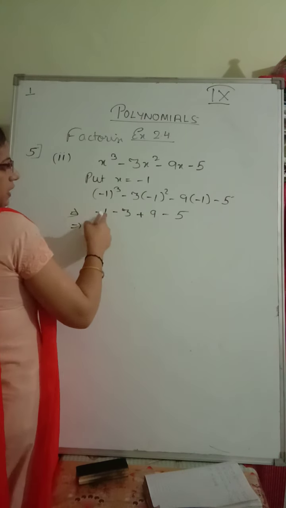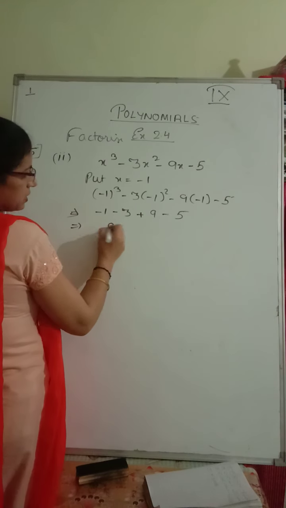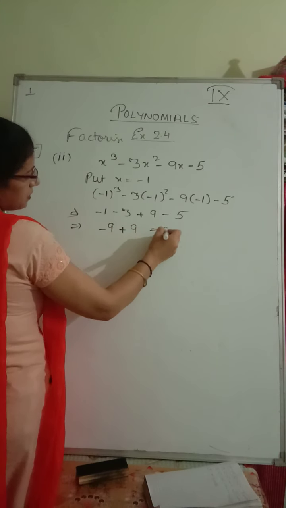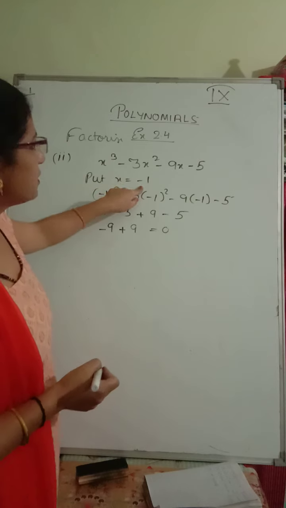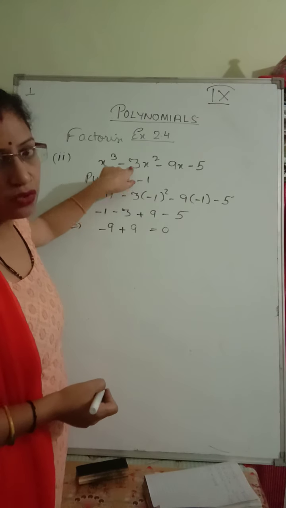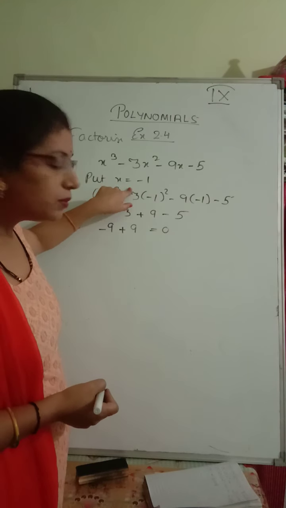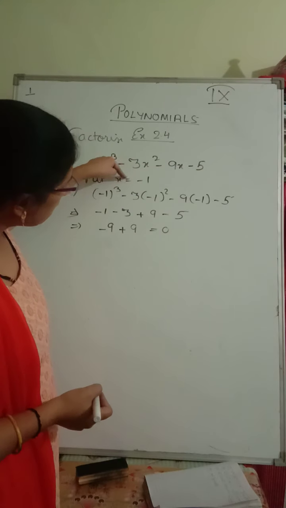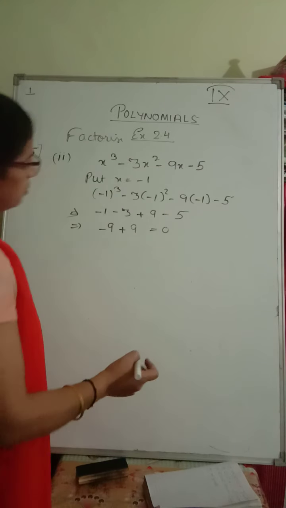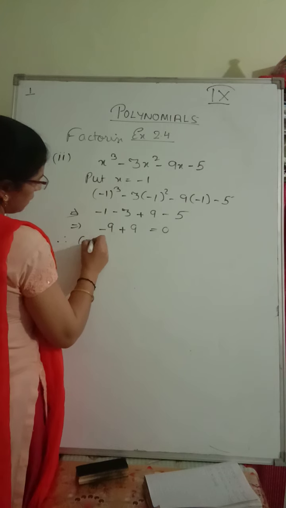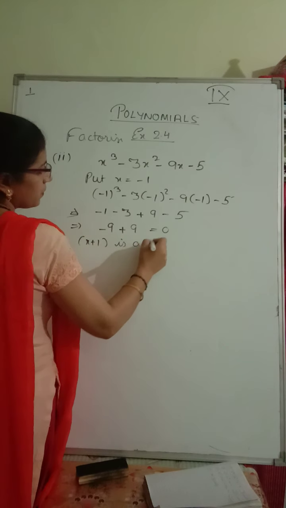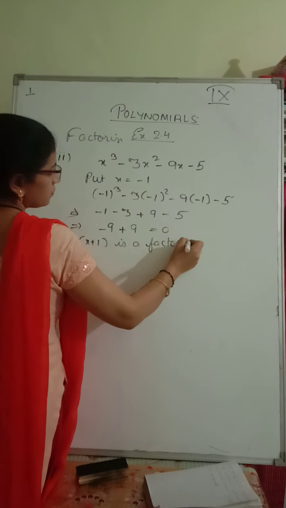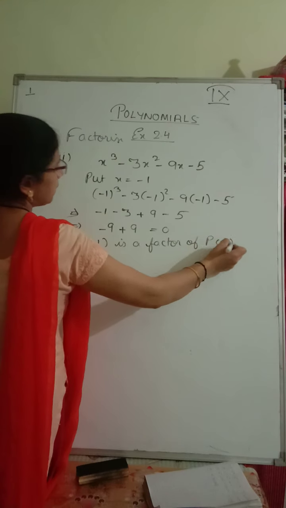Three are negative, so we'll add them. Minus 9 plus 9 becomes 0. So that means by putting x equals minus 1, this polynomial becomes 0. So this is a zero of the polynomial. Therefore x plus 1 is a factor of this polynomial p(x).